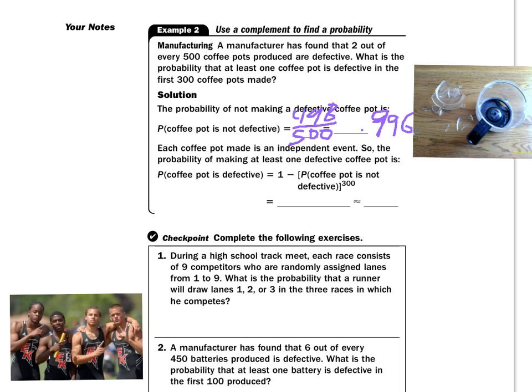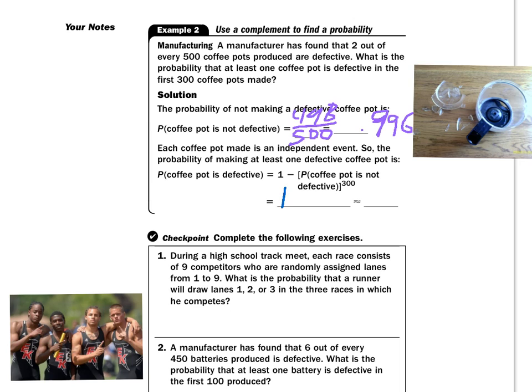Each coffee pot made is an independent event, so the probability of making at least one defective coffee pot is 1 minus the probability of a coffee pot not being defective, to the 300th power.